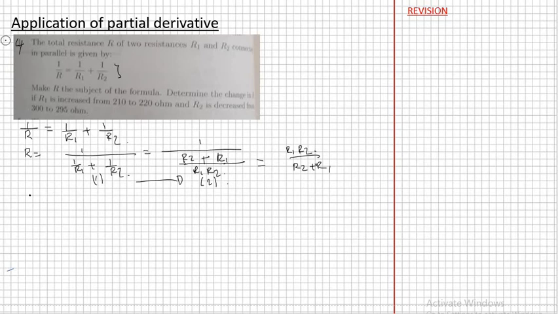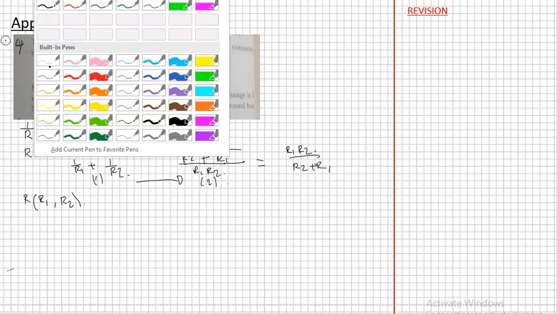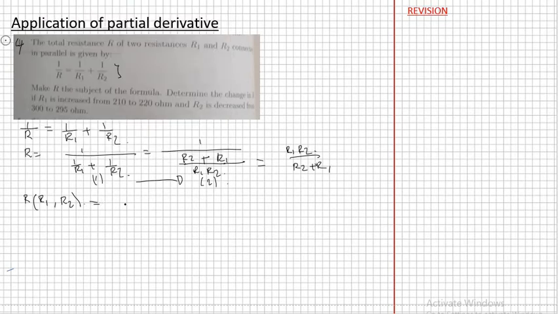So we actually have a function R which is made of 2 variables, R1 and R2. This function is given by R1 multiplied by R2 divided by R2 plus R1.